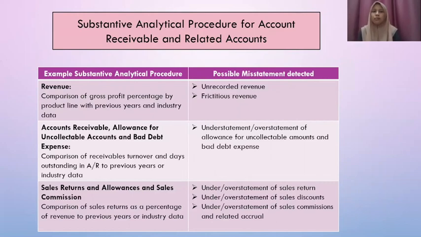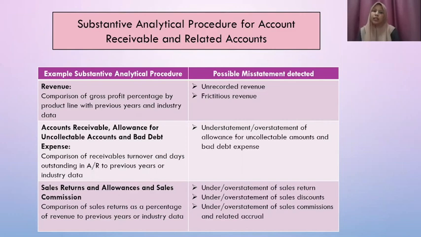Next, for account receivable, allowance for uncollectible accounts and bad debt expense, the auditor can compare the receivables turnover and days outstanding in account receivable to previous year or industry data. When this procedure is conducted, it is possible to find out whether there is an understatement or overstatement of allowance for uncollectible accounts and bad debt expense.